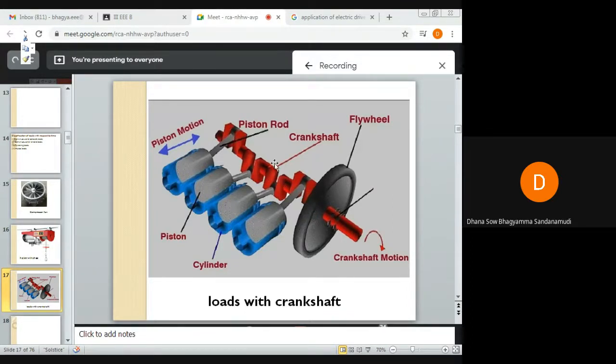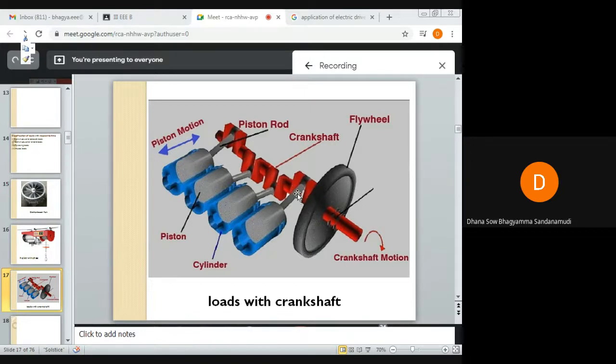When loads are connected to the crankshaft, you can see these four piston cylindrical arrangements connected here. This is the piston rod. The movement of all these four pistons and cylinders is not the same because of the shape of the crankshaft. So these loads have a constant torque superimposed by pulsation.